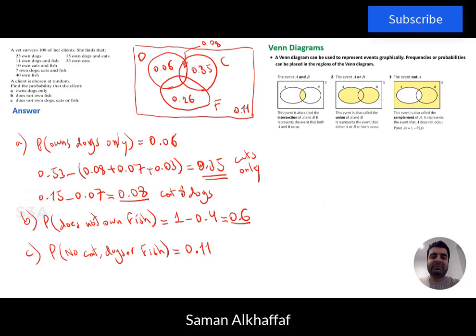For us to find the intersections between cat, fish and dog, that will be 0.07, and we're also told the intersection between cat and dog will be 0.03, and the intersection between dogs and fish will be 0.04.